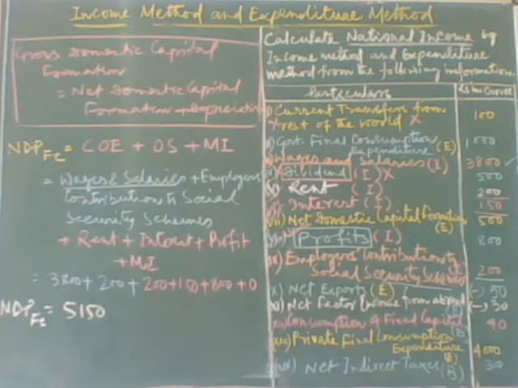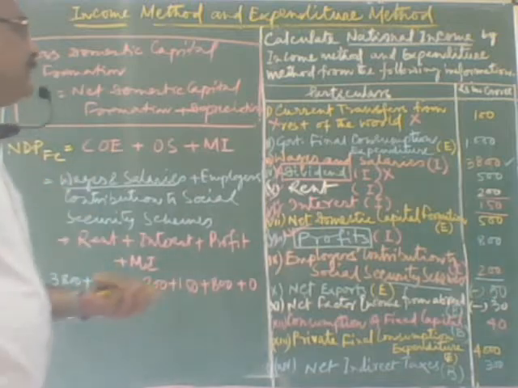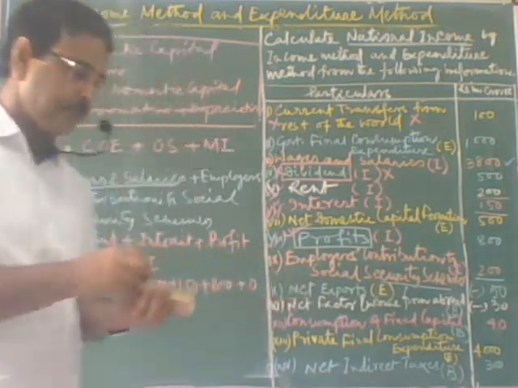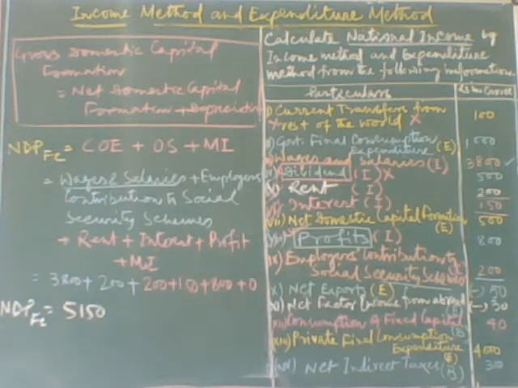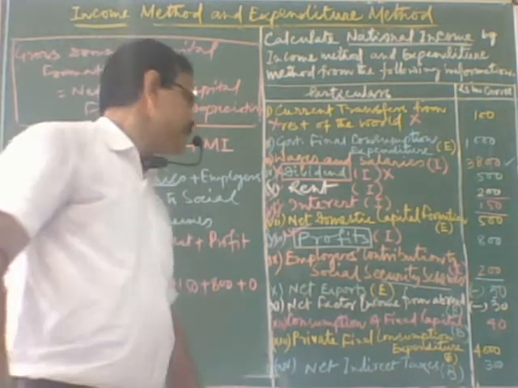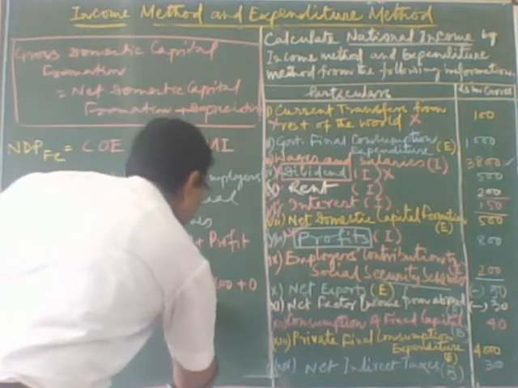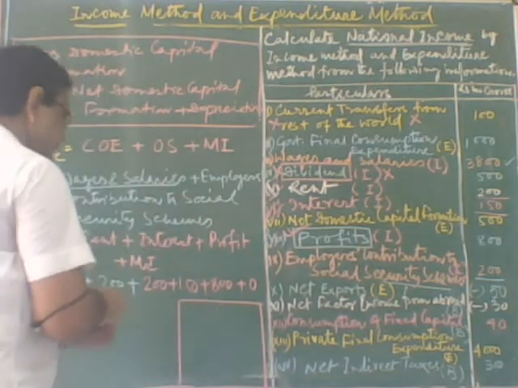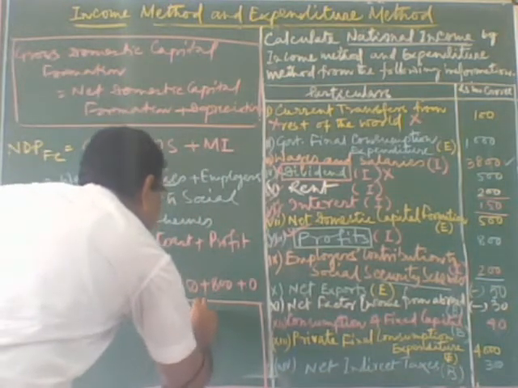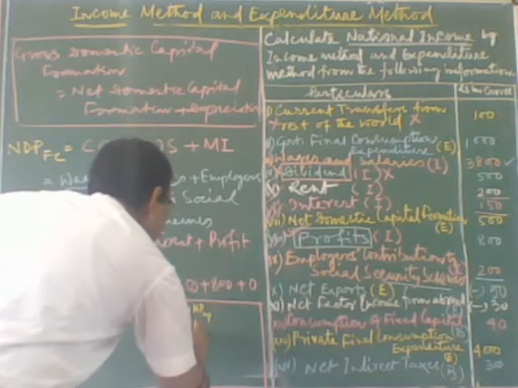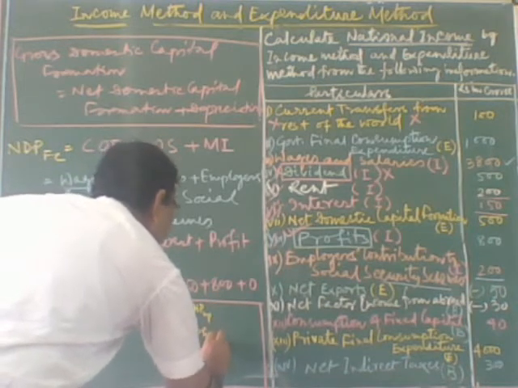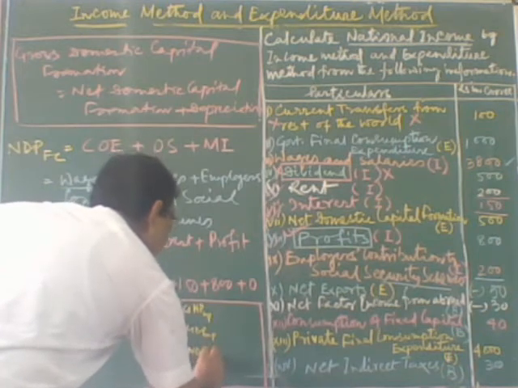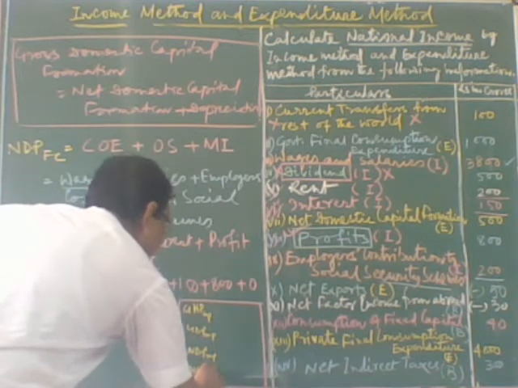Now, from this NDP factor cost, you have to calculate the value of national income, that is NNP factor cost. Whenever you have to calculate the value of national income, that is NNP factor cost, you always have to follow the chart that I already gave in the previous lecture. That is GNP market price, GDP market price, NDP market price, NNP market price.